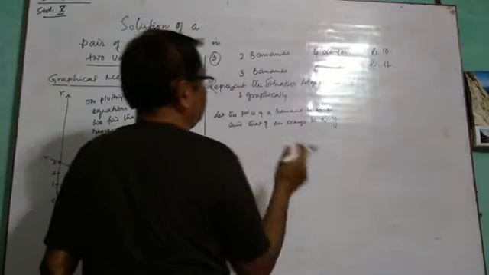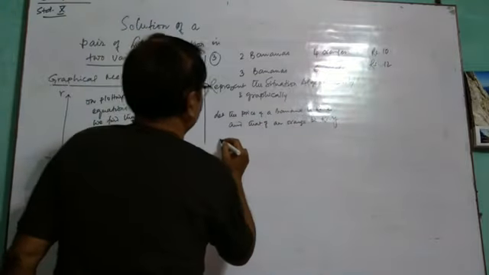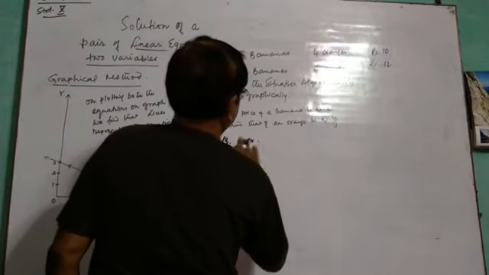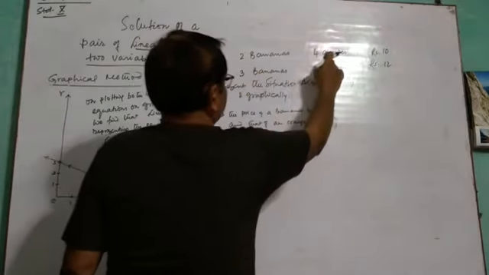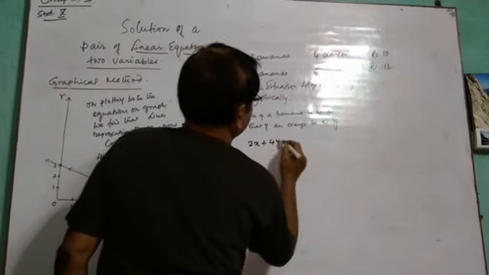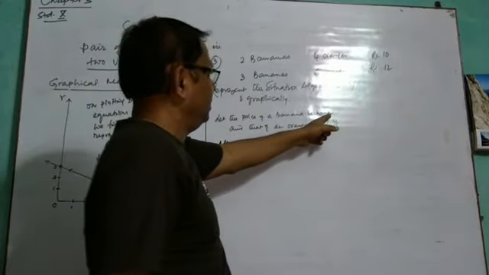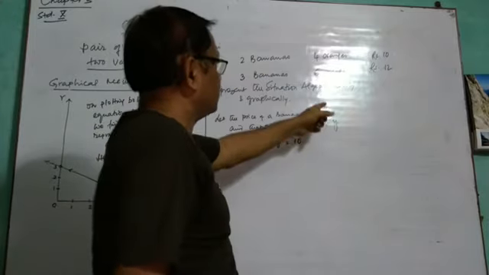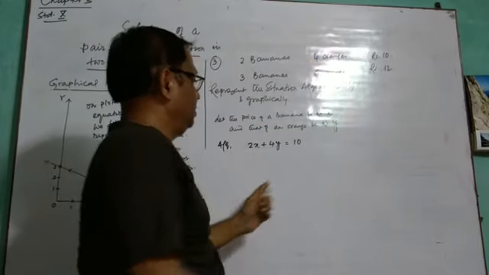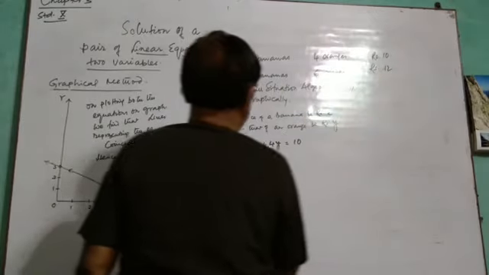According to the question, 2 bananas and 4 oranges: 1 banana, rupees x, 2 bananas, 2x. 1 orange, rupees y, 4 oranges, 4y. So 2x plus 4y is equal to rupees 10.